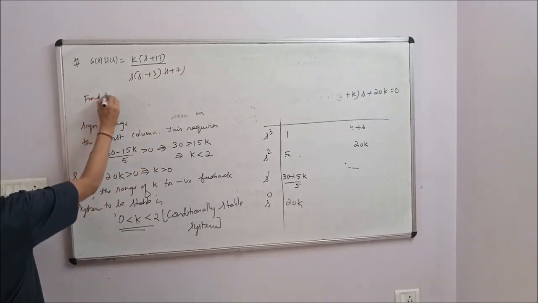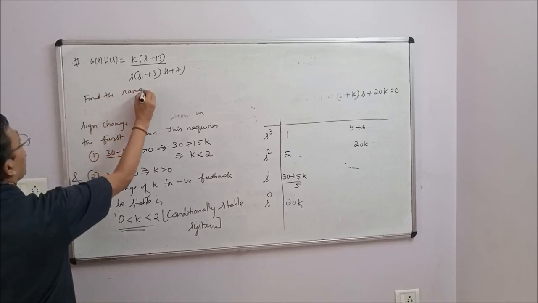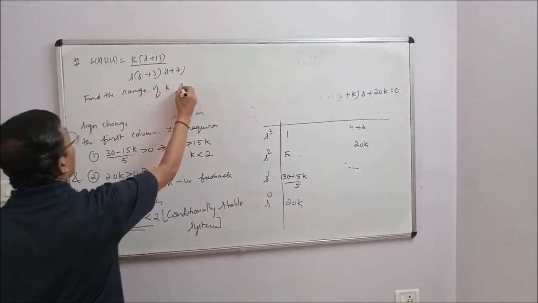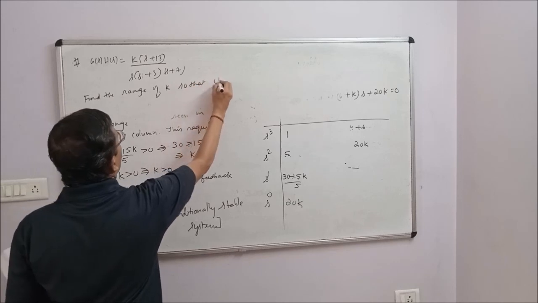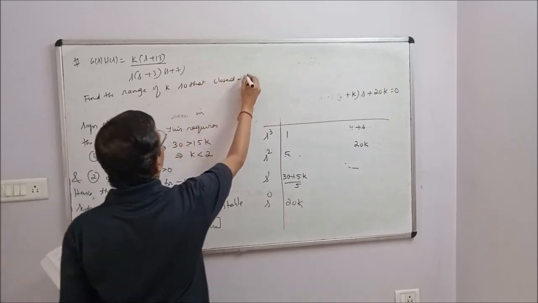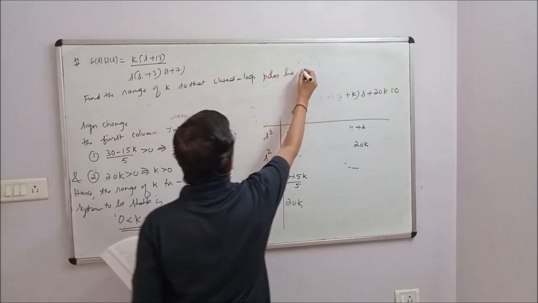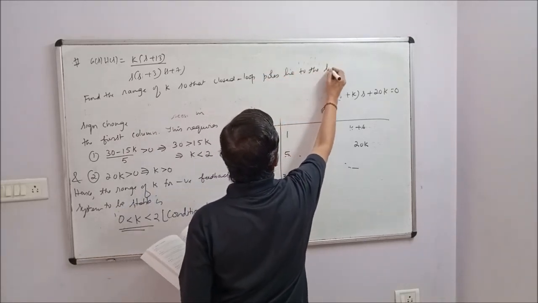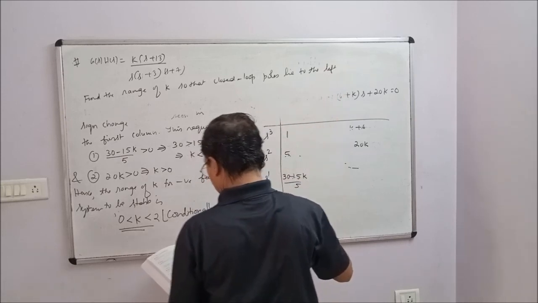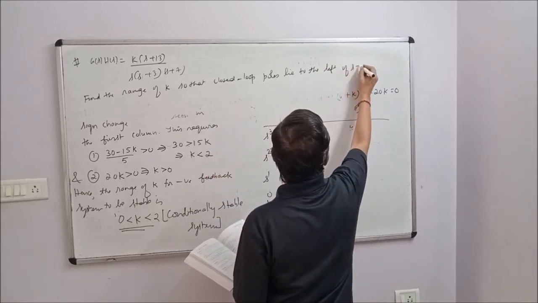Find the range of K so that closed loop poles lie to the left of S is equal to minus 1.